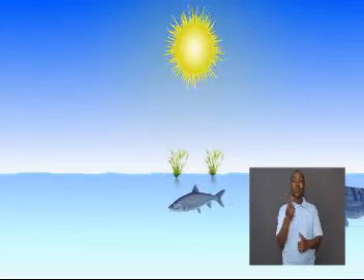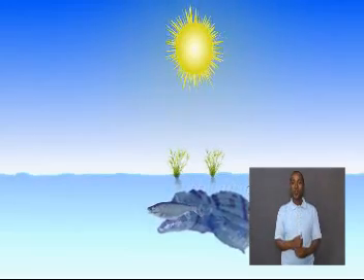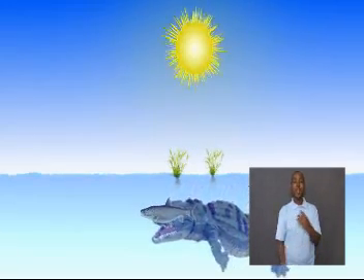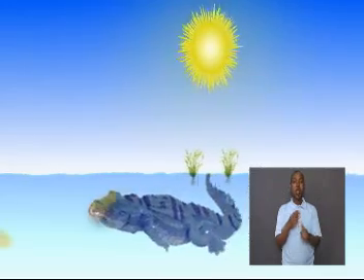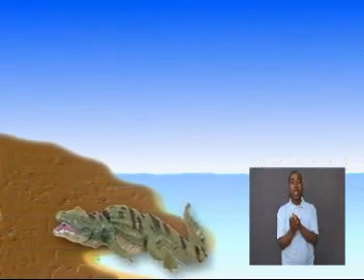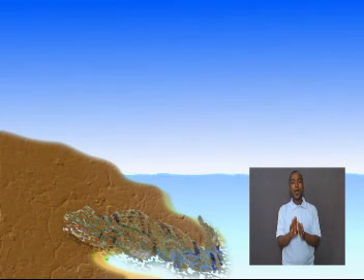Then, a crocodile might come along and eat that fish. The crocodile is a secondary consumer because it eats primary consumers. Once that crocodile dies, it will be broken down by bacteria or decomposers.